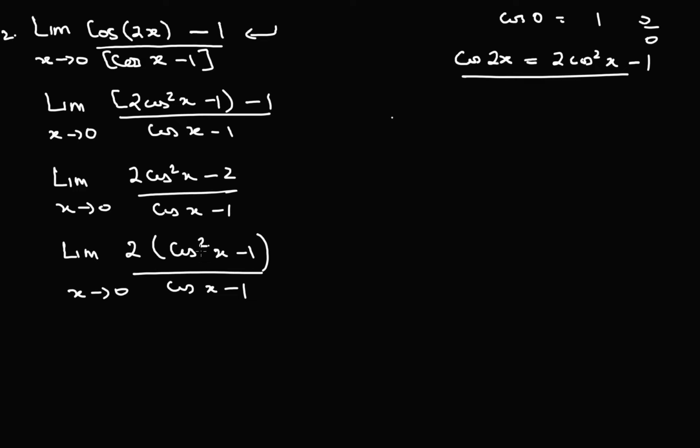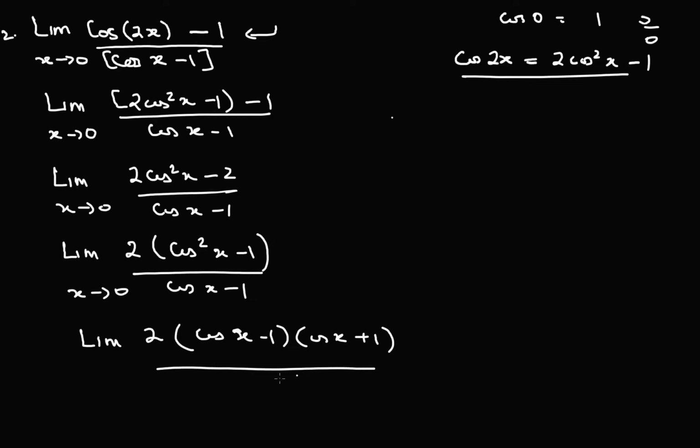Now we can tell that this is a difference of two squares. So we'll say limit 2, and then we'll have the difference of two squares here. So this and this can cancel out. Then our limit, you don't have to write all this all the time. You can work it out, then apply a limit, and say this is equal to that.